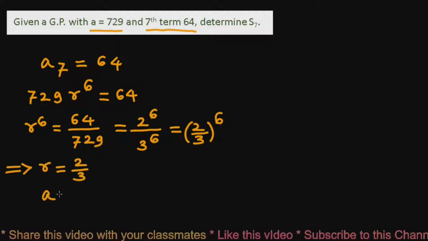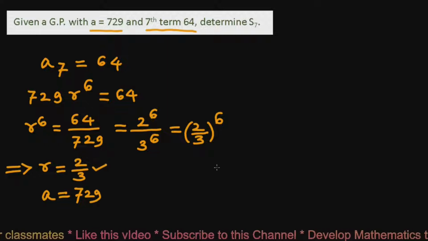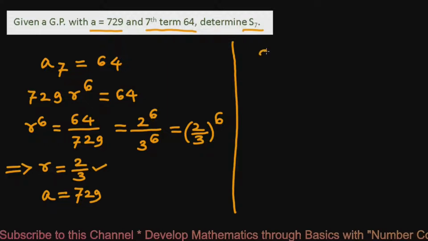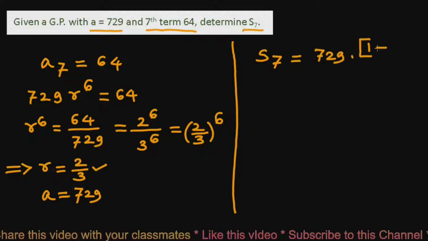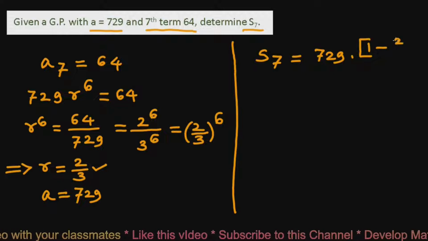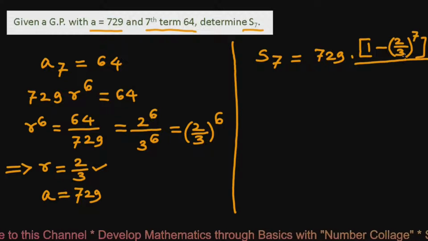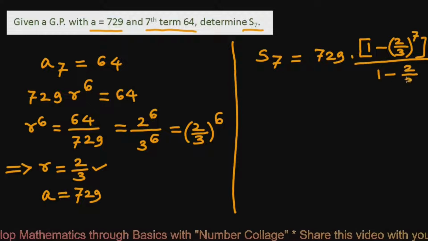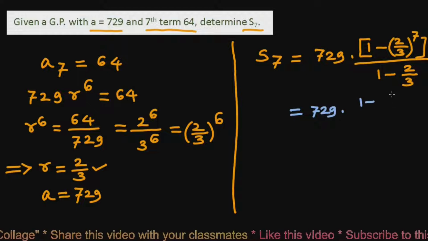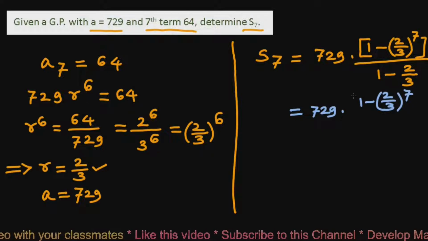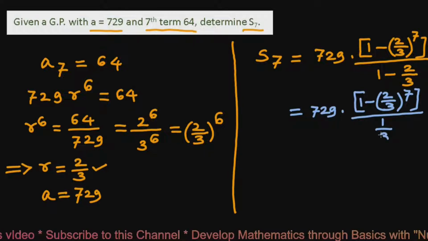Now since a equals 729 and r equals 2 upon 3, we will write S7 as a, that is 729 into 1 minus r power n, that is 2 by 3 power 7, upon 1 minus r, 1 minus 2 upon 3. So that will be 729 multiplied by 1 minus 2 upon 3 power 7 upon, this will be 3 minus 2, that is 1 upon 3.